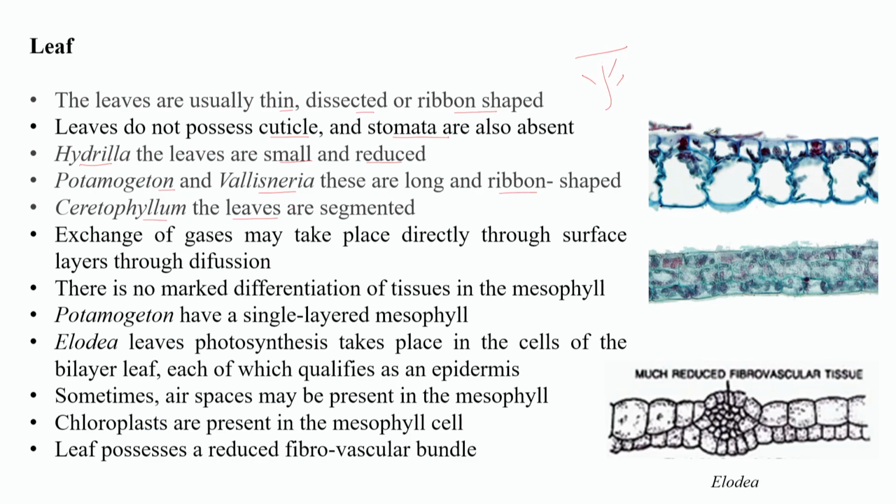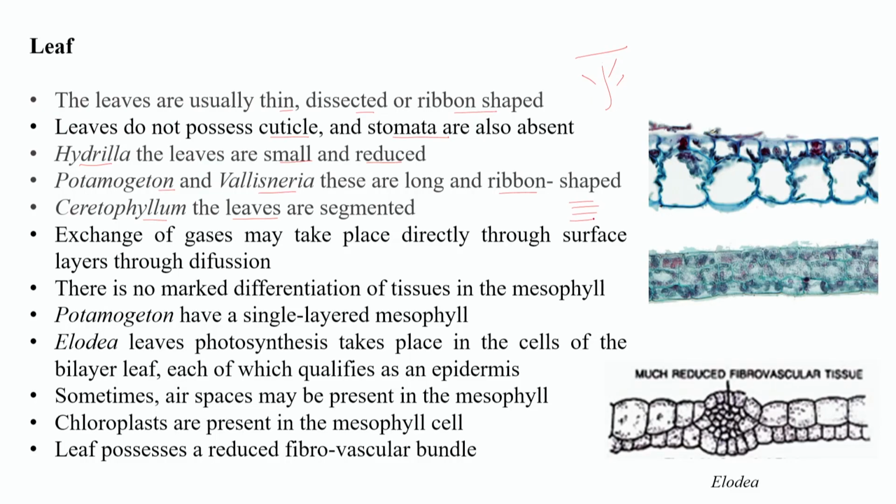Now, exchange of gases takes place through diffusion, okay, but diffusion is a process in which, if the layers are very large, with multiple layers of cells, then diffusion will not be able to perform properly. So for better diffusion, very few cell layers are generally there in the leaves. You can see that Potamogeton is only 3 cells thick, okay.